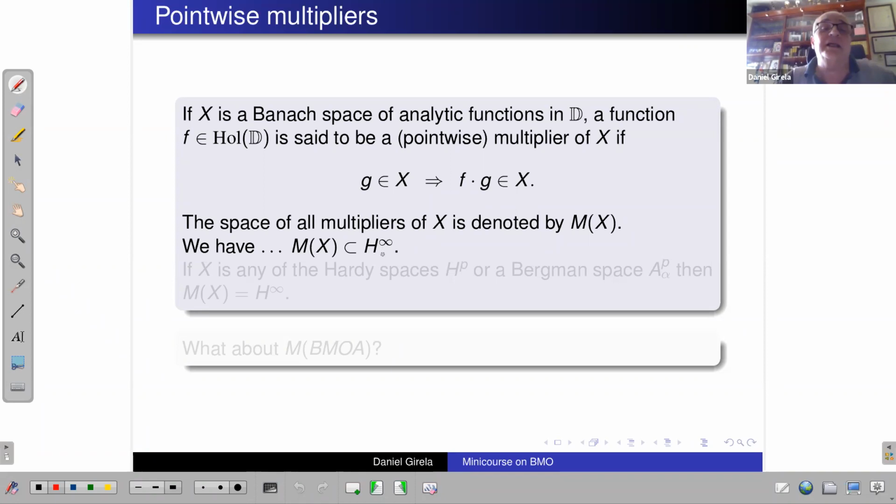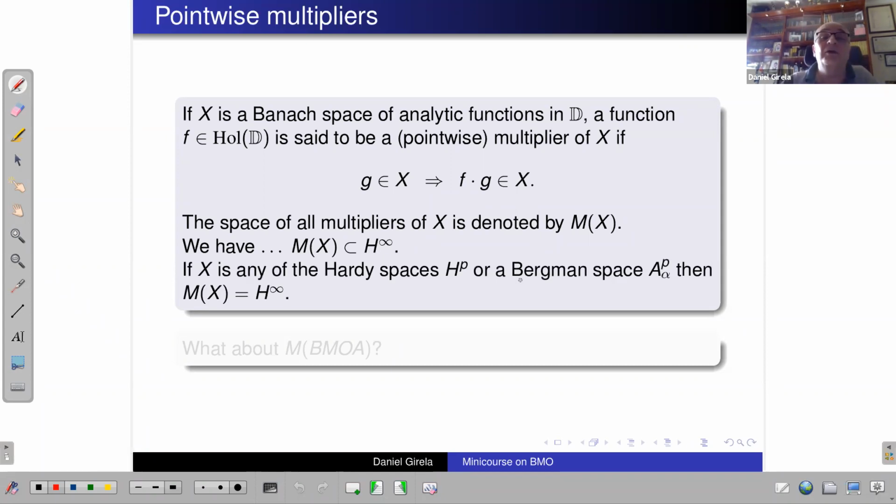And I think that in the courses given previously regarding Hardy spaces and Bergman spaces, this question was considered, and over there it was said that the multipliers of any Hardy space and also any of the Bergman spaces A^p_α is exactly H∞.